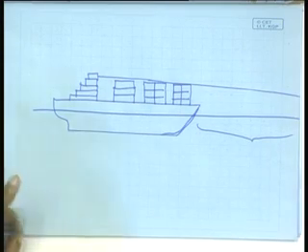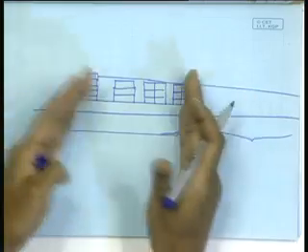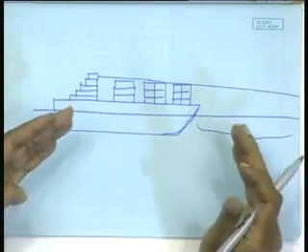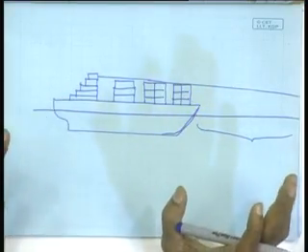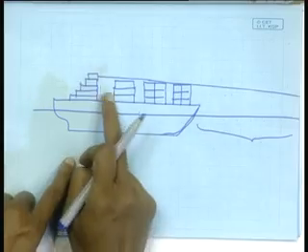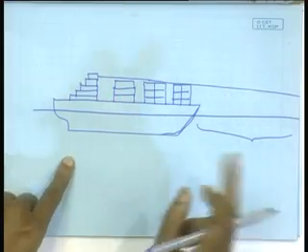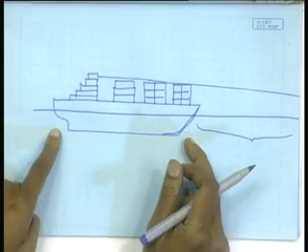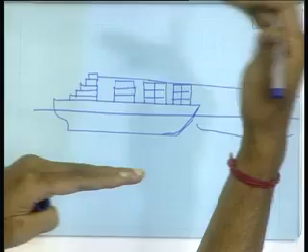There is a rule that the blind zone cannot be more than some length of the ship. I think 1.5 times the length of the ship or some such rule is there. It cannot be more. In such an arrangement, your blind zone will become several times the length of the ship. So, anything coming in front of your ship you do not see; that zone becomes too long.